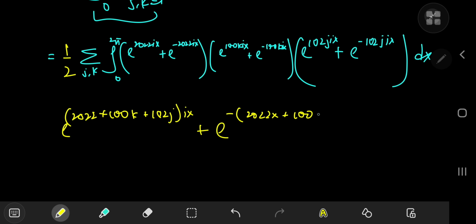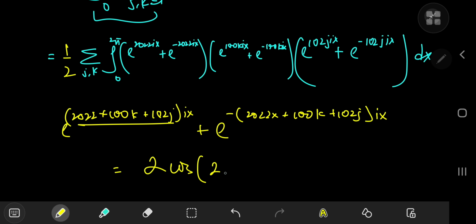I'm pretty sure that's clear to everyone watching, so that I don't have to perform the manual labor, so you can do that if you want. Anyway, because of all the terms included, you're going to multiply everything out, so you're going to get pretty much every possible combination with the plus and minus signs. And this is equal to twice the cosine of this terrible argument that I'll write out later.